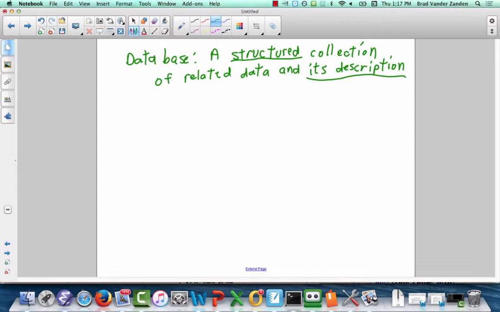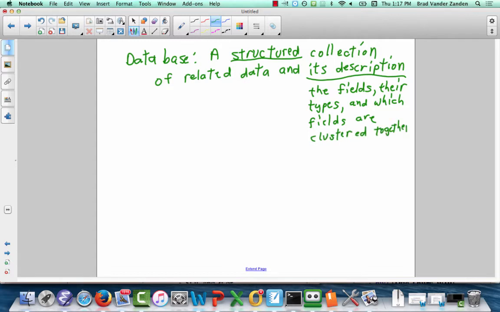You can think of it as basically the fields and their types, and which fields are clustered together into something we call relations, which we will get to. You needn't worry just yet about what that is. Other than that, think of it as a file. Which fields get clustered together in a file? You can think of a relation as a file right now.